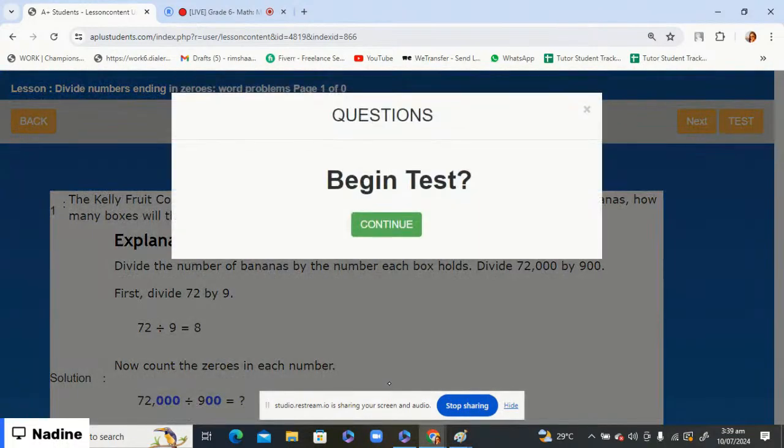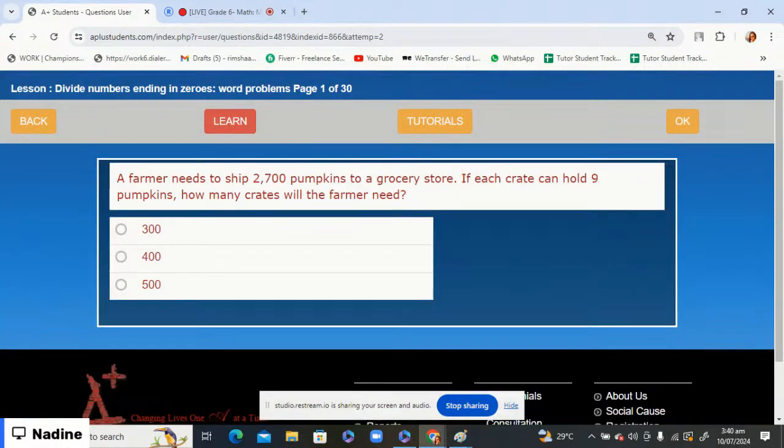Let's do the test questions. Now this time you guys tell me the answer. So let's get started. Okay, now you solve it and then just tell me the answer.